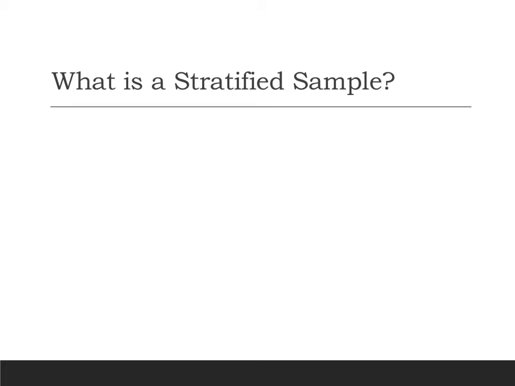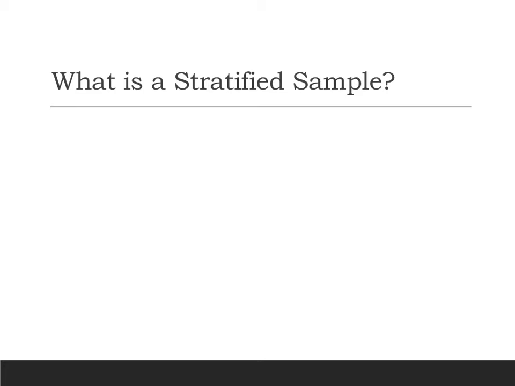Another definition for strata is the levels or classes that you're sorted into. So it could be gender, it could be age groups, based on any age group that you want to define. It could be ethnicity.